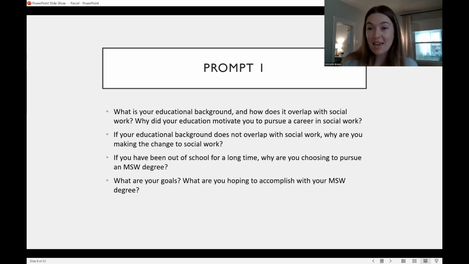For example, maybe you have an undergraduate degree in psychology. You pursued psychology initially because you had a strong desire to help people and specifically get into the mental health space. While you were pursuing your undergraduate degree, you did a minor in women's studies. And through that, you learned more about systemic barriers, oppression, marginalization.